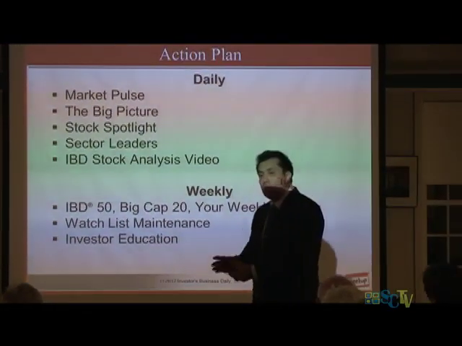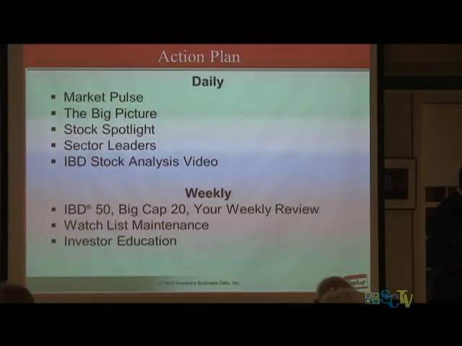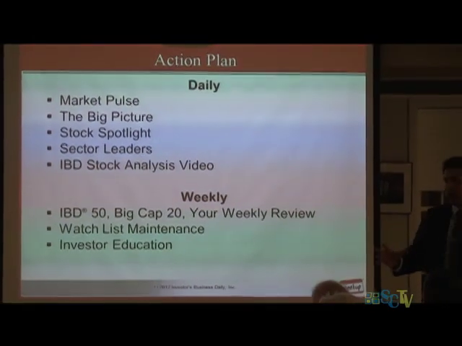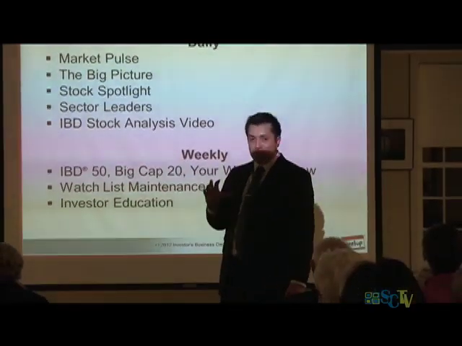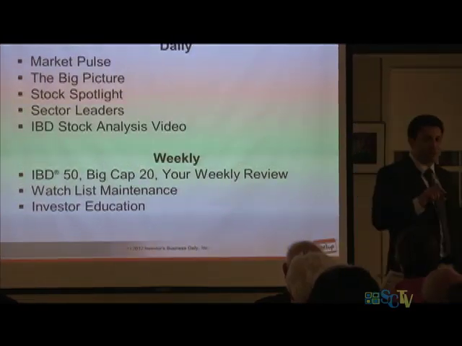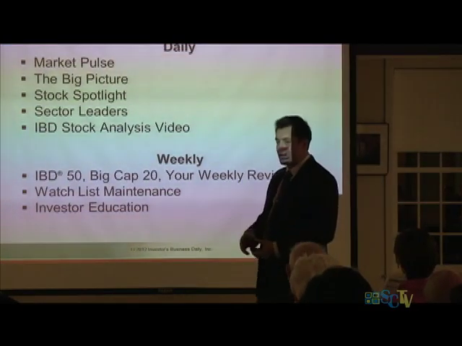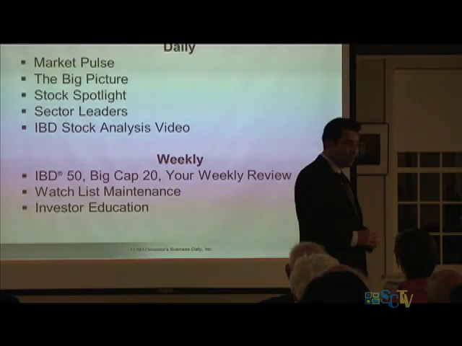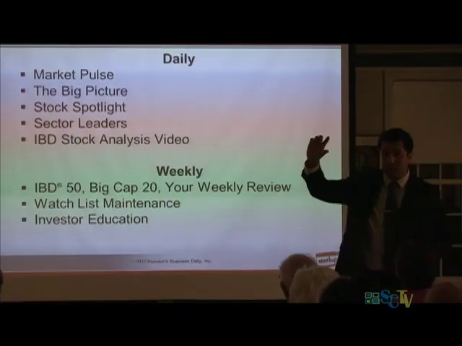But what you're going to do is go back and put those on a watch list. And I would recommend doing it on investors.com, our website, because there's a key bit of information there. When you put your watch list on investors.com, tomorrow morning when you open it up, I want you to sort. There are different sorting criteria once you put it on your watch list.